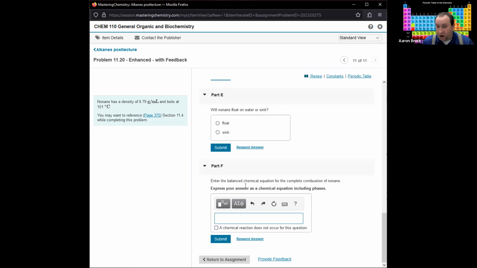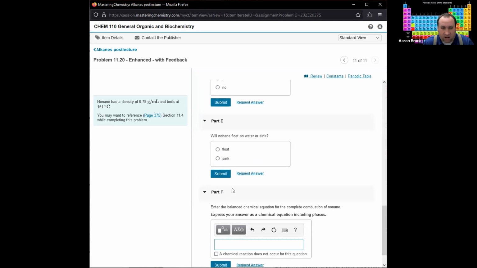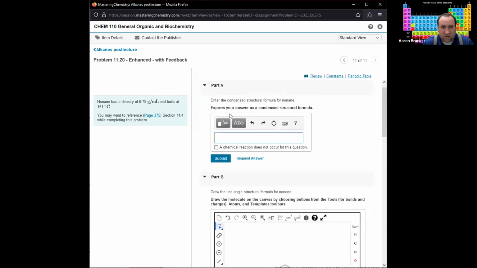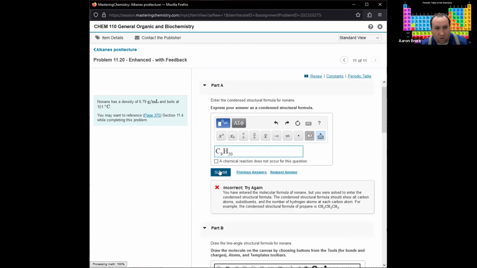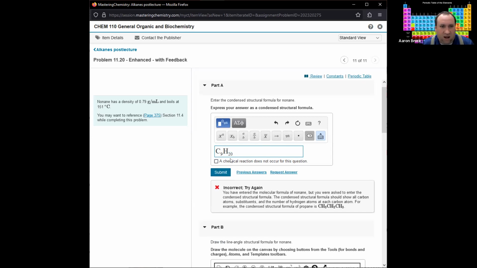Now, what they are looking for is for you to take your reaction between nonane, which we can establish as C9H20, based upon what we talked about yesterday.